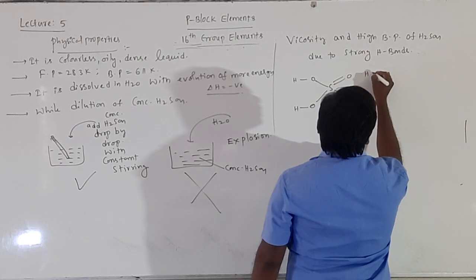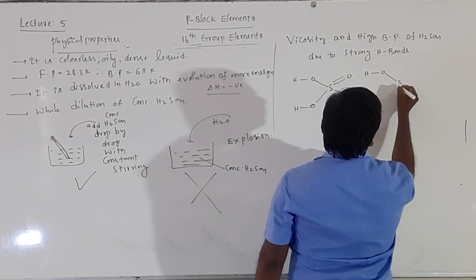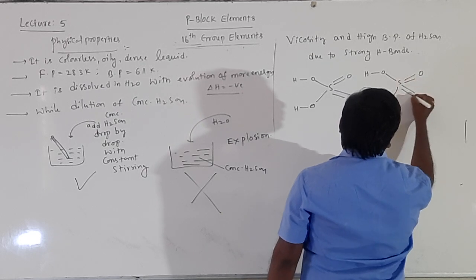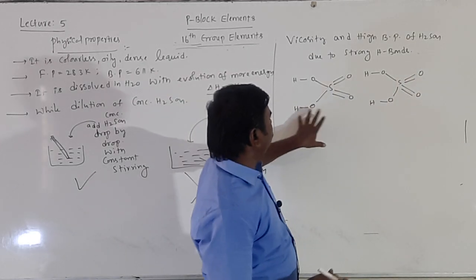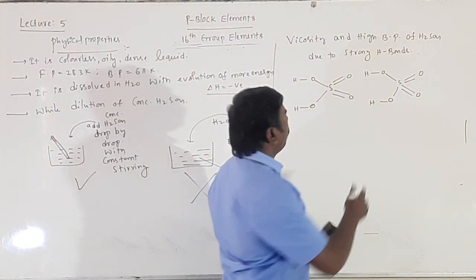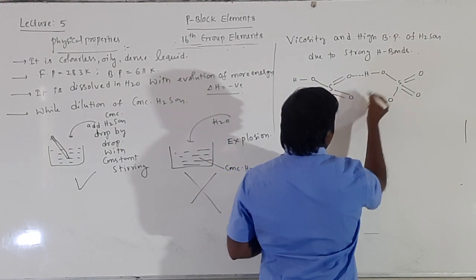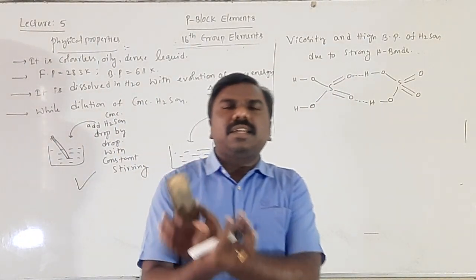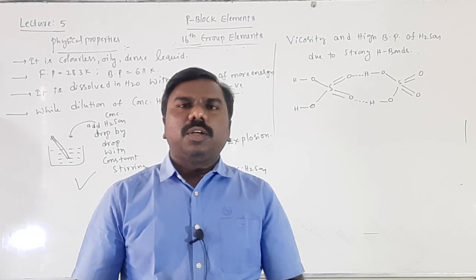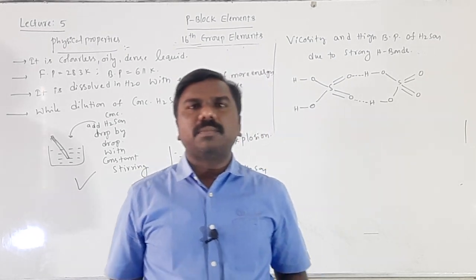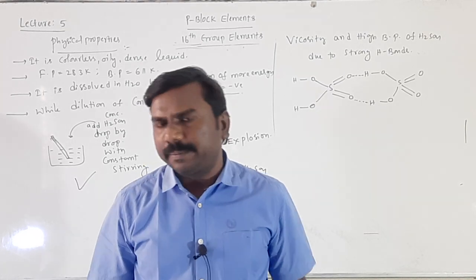The second sulfuric acid molecule is H2SO4. Both will be in contact by hydrogen bonds. That's why thickness increases, viscosity increases. To break those hydrogen bonds, you need more temperature. That's why boiling point is also very, very high.